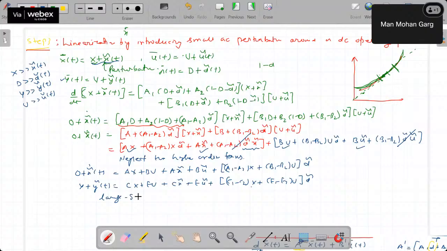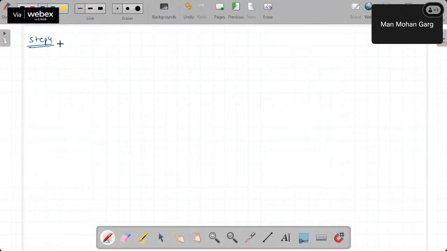The next step, step 4. These equations I just rewrite here. x dot of t will be equal to A x plus B u plus B_d d cap.